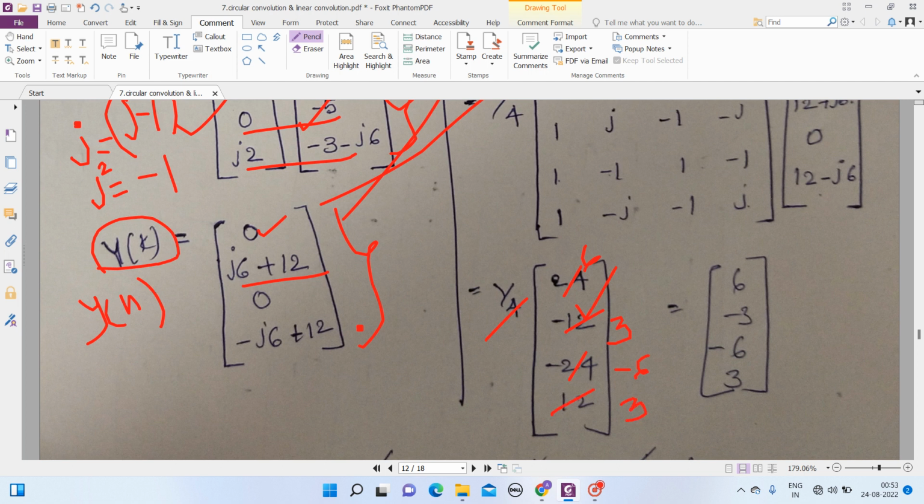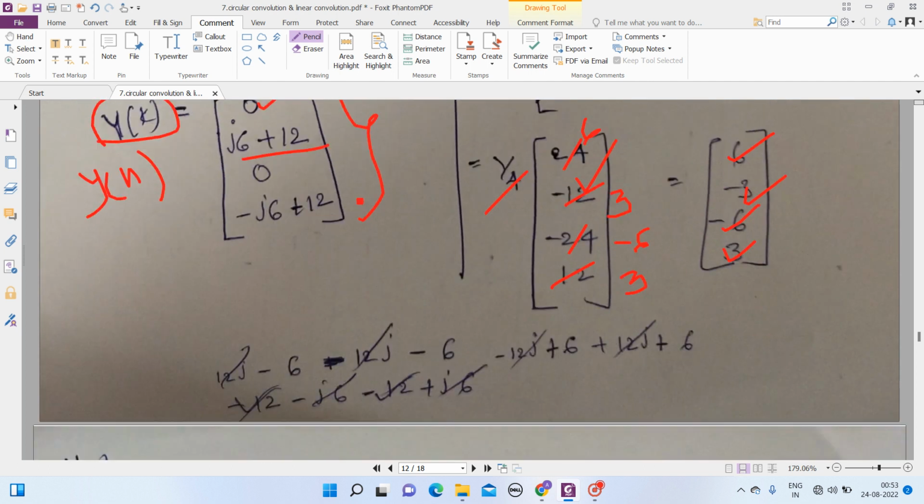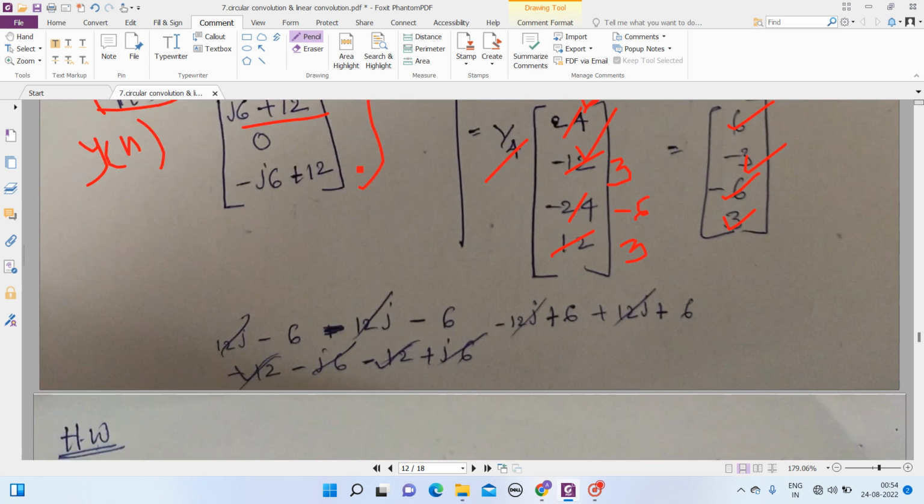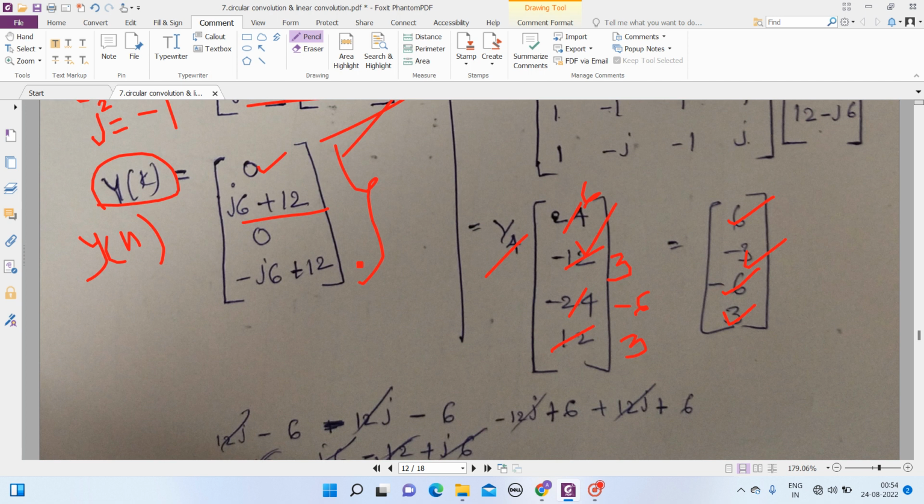So this is your answer: 6, 3, minus 6, 3. This is your final answer, the convolution of x of n and h of n.